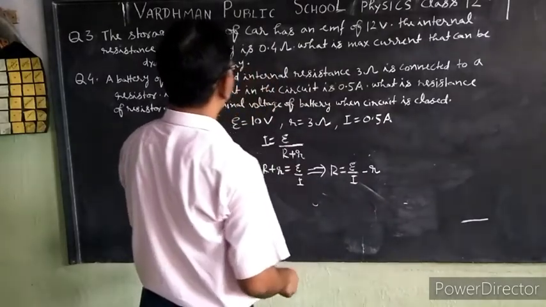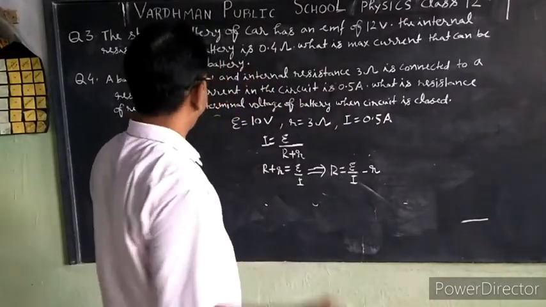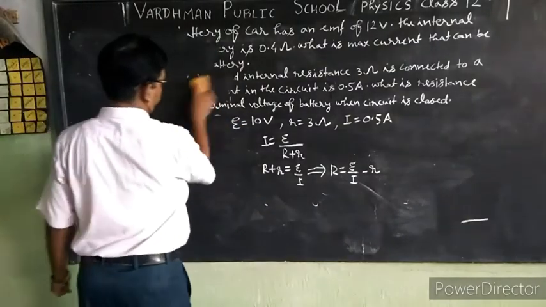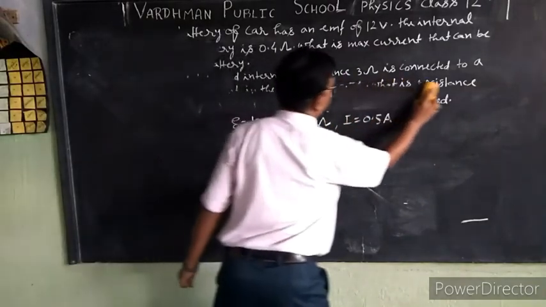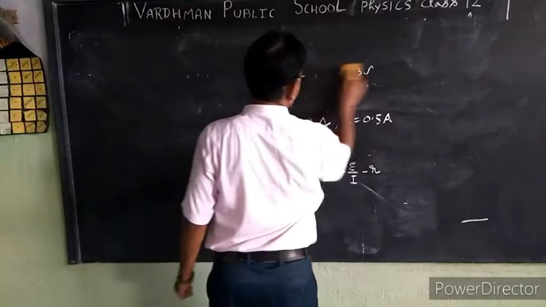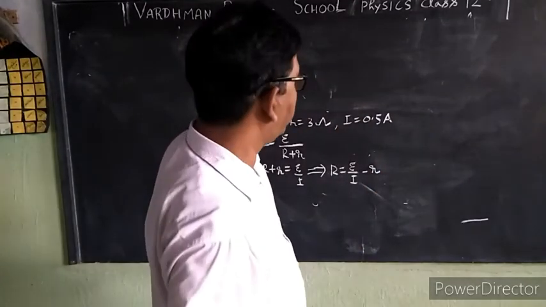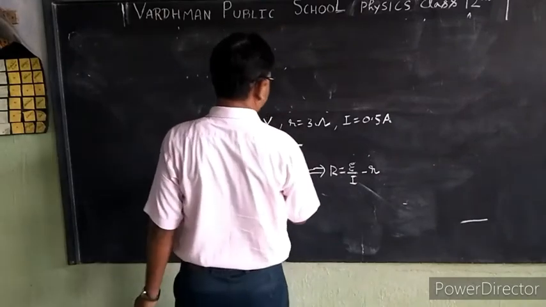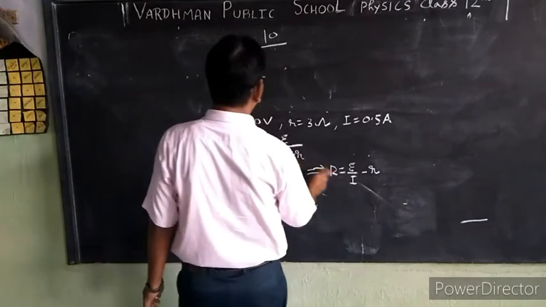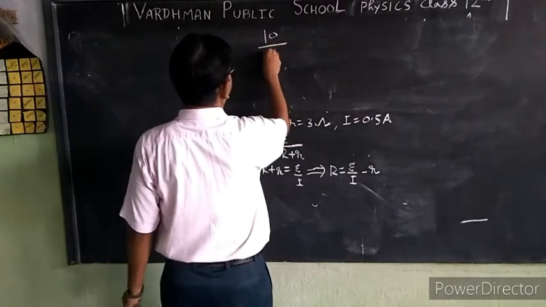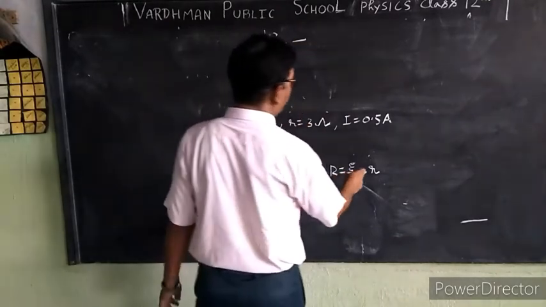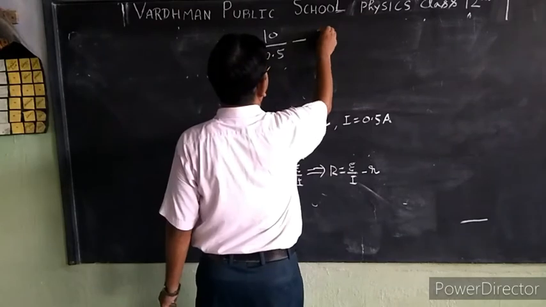Now we will put the values: EMF is equal to 10 volt, 10 upon current I, 0.5 ampere, minus internal resistance small r, its value is 3.